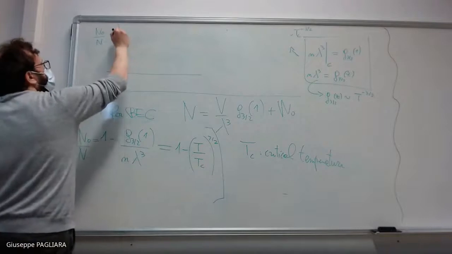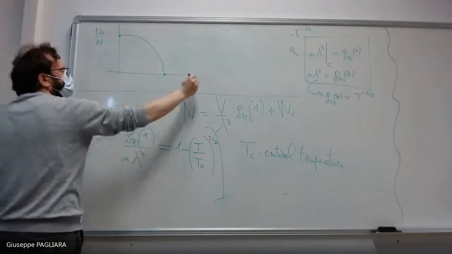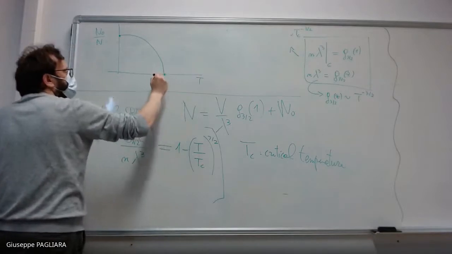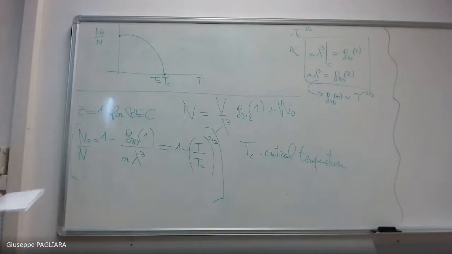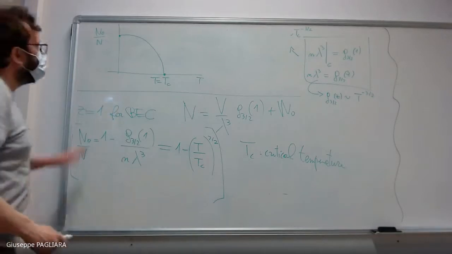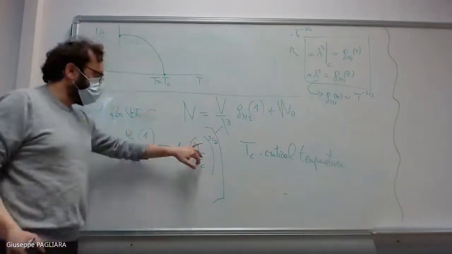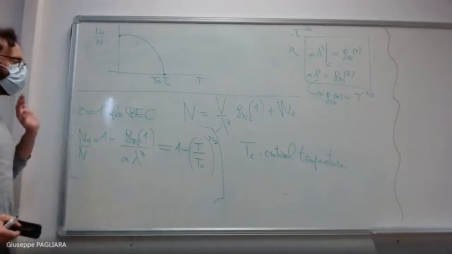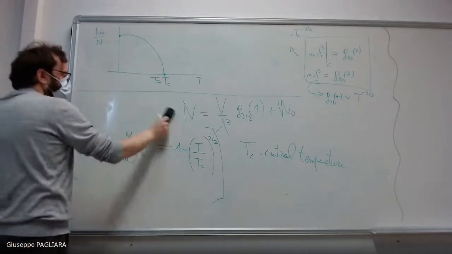Therefore, I will have a curve as a function of the temperature, with the condition t equal to tc. Okay, so I see from here that if t is equal to 0, so really the absolute zero value of temperature, all the particles are in the ground state.